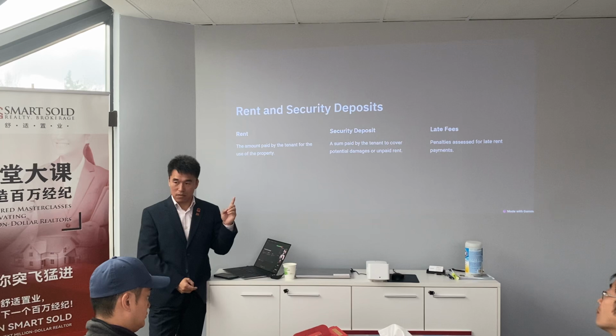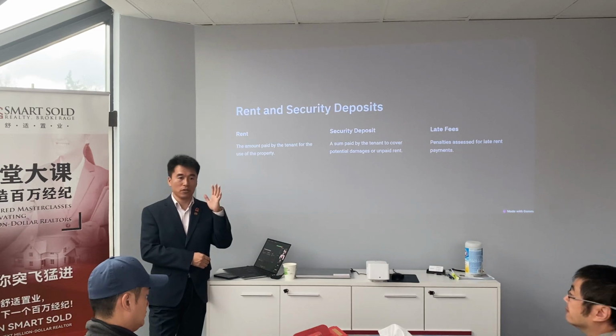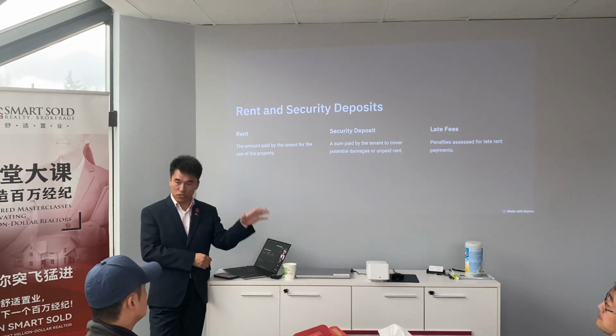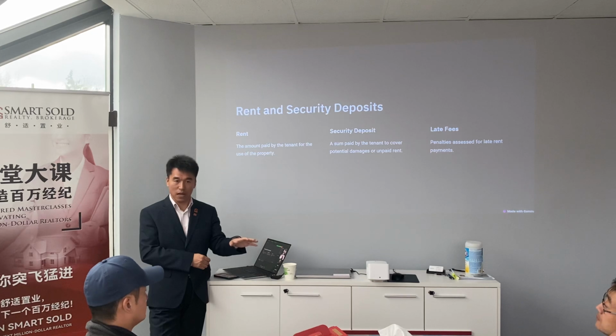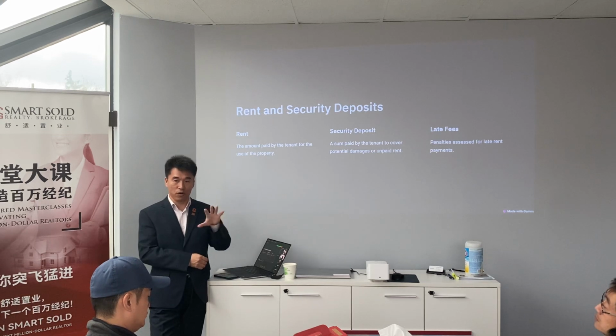A security deposit won't be deducted. It's held by the landlord until the termination of the agreement. When your client finishes and moves out, they return the security deposit per agreement.